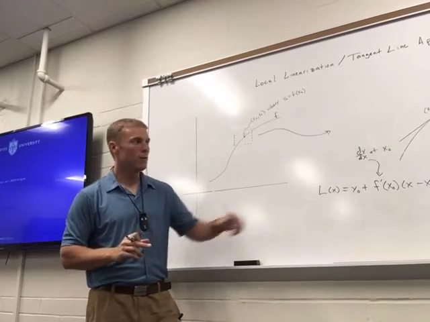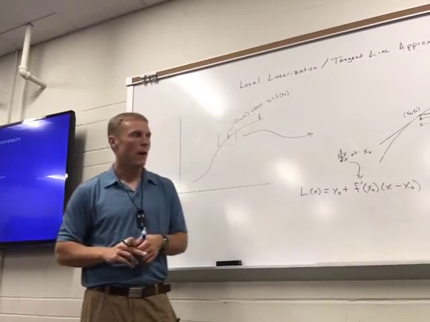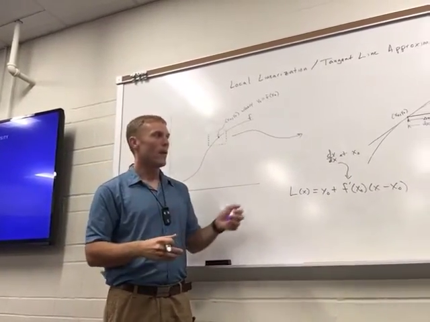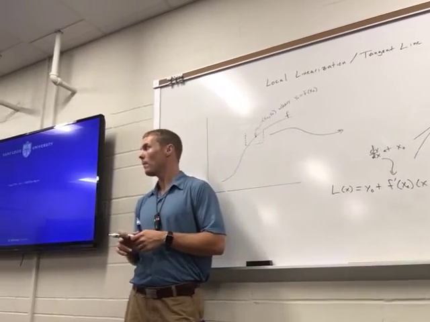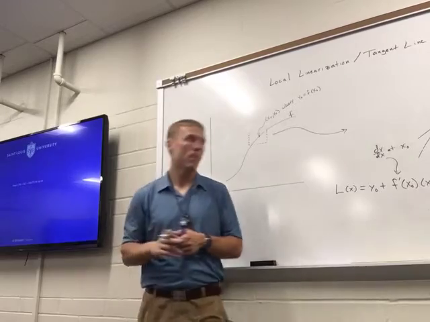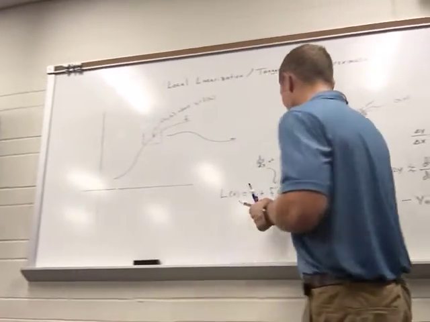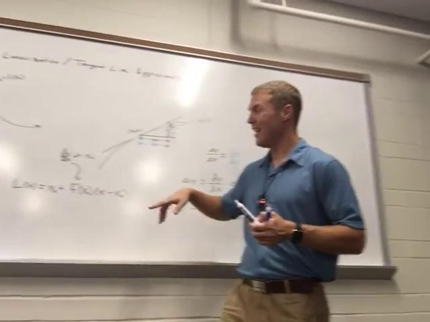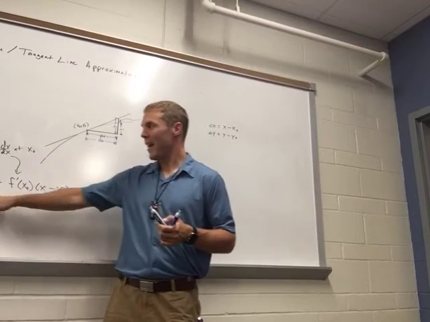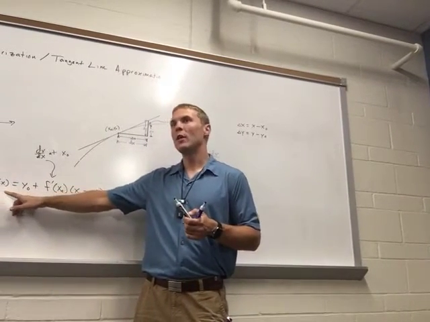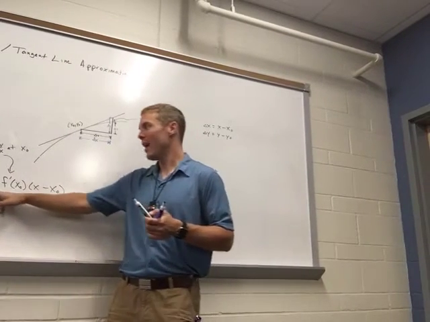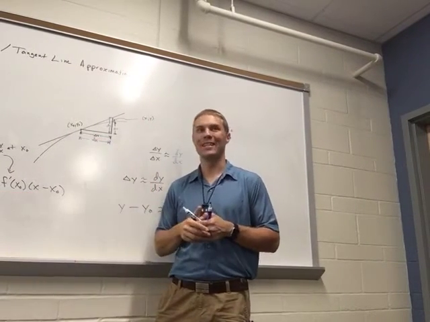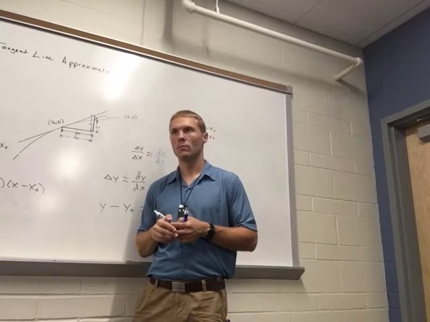Again, this looks very familiar to that one over there. I just moved the y naught over and wrote it in terms of f prime instead of dy dx. After the f prime, what's the first x? X naught here, x naught there. In this equation, there is an x input on the L. The only place you're going to plug in an x is right there. Everything else is given off the point. Okay?